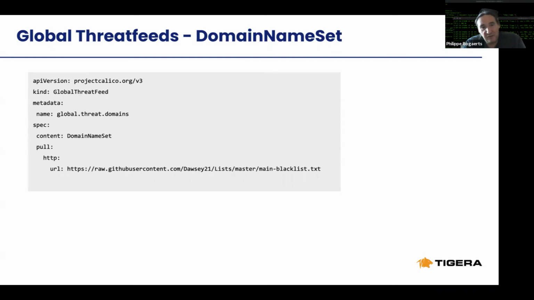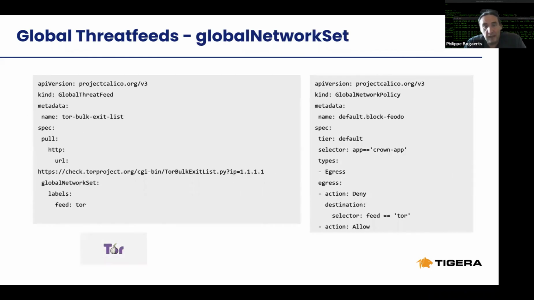So you get advised that pods are possibly connecting to malicious domains. If you want to block it, you can, of course. But the idea here is that based on these domain name sets, you can have alerting going off.